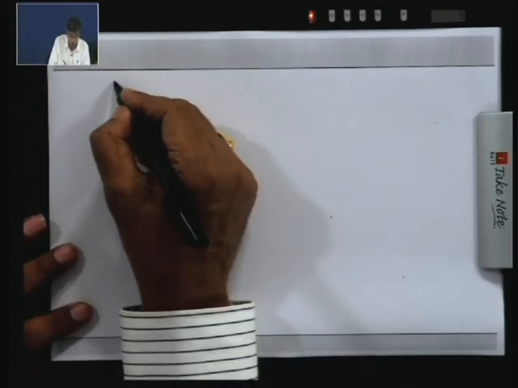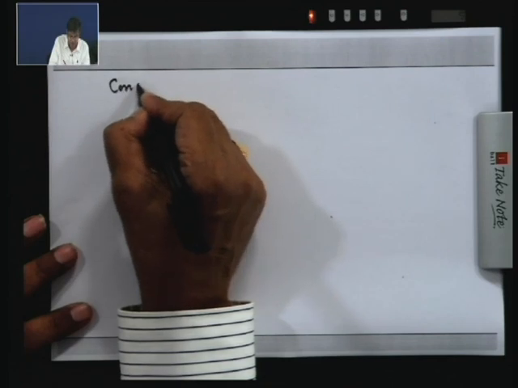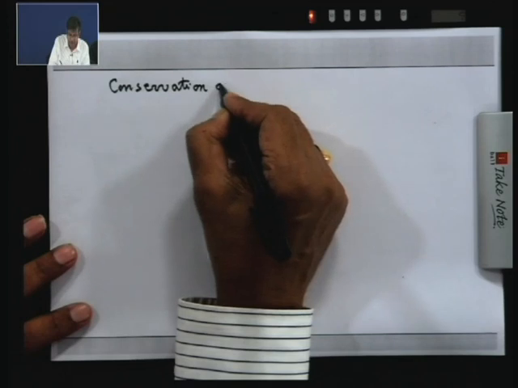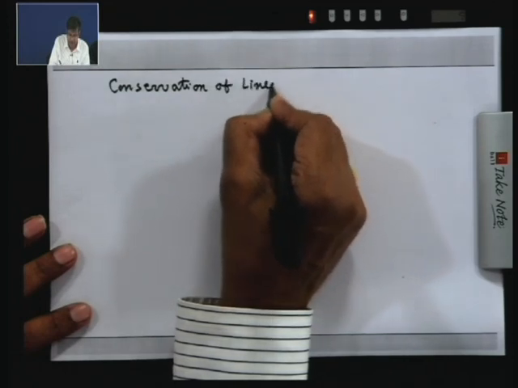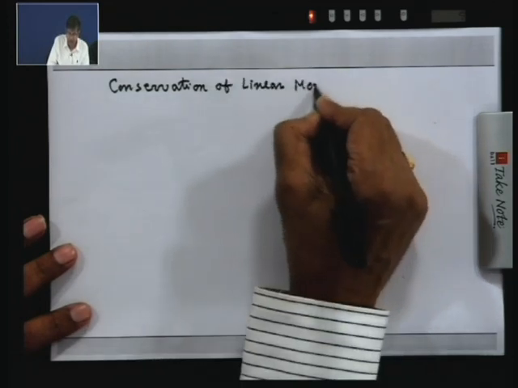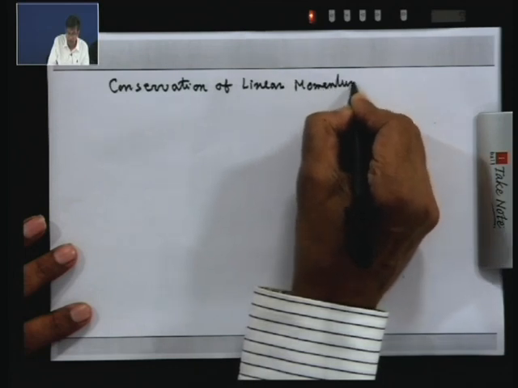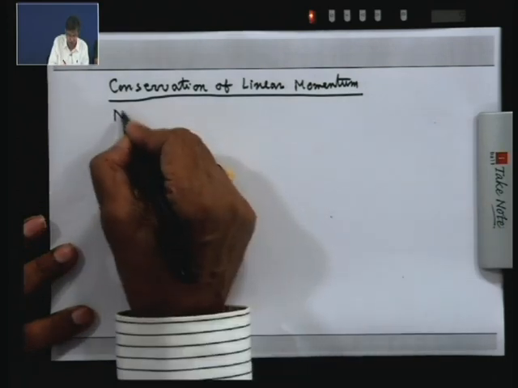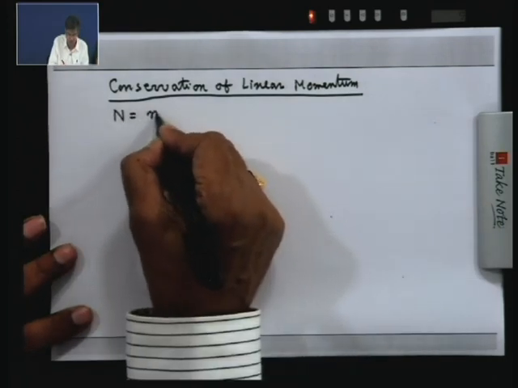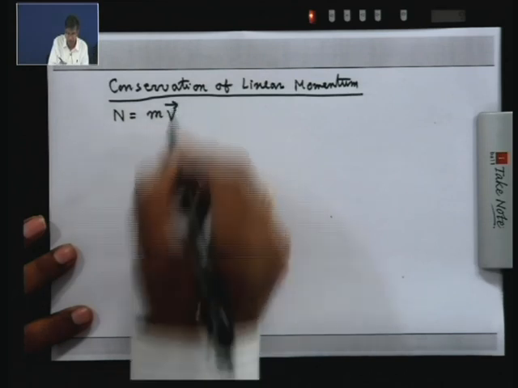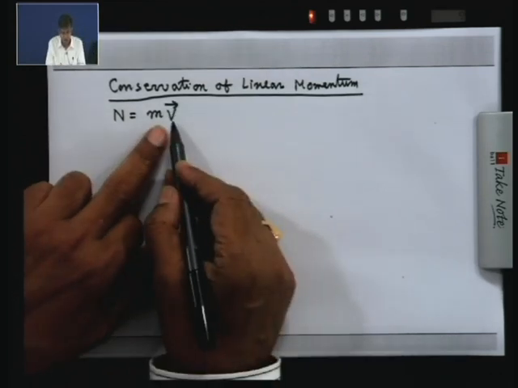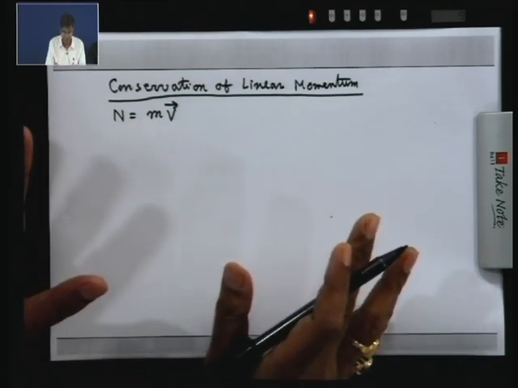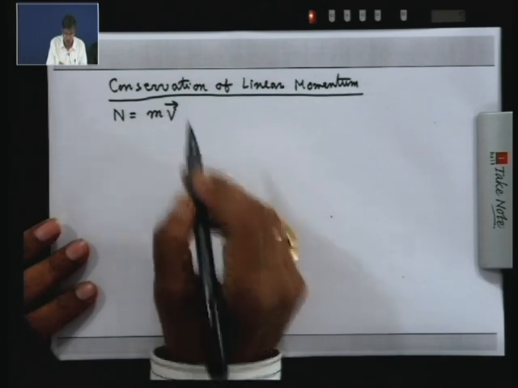Now we come to the conservation of linear momentum. Here, by the Reynolds transport theorem for conservation of linear momentum, the very first line is: N is now m into v by definition, linear momentum, where we describe v with respect to a static frame of reference, or an inertial frame of reference moving with uniform velocity.